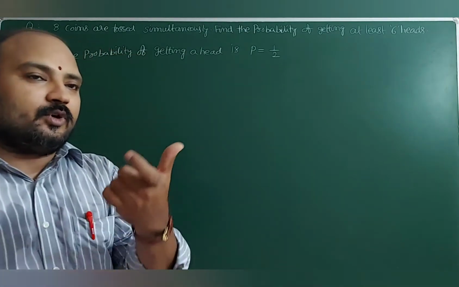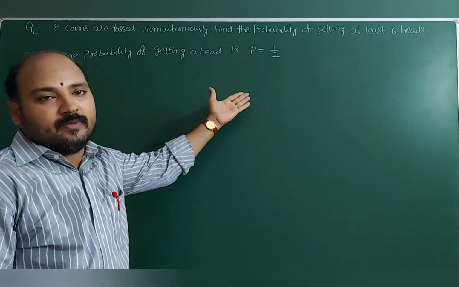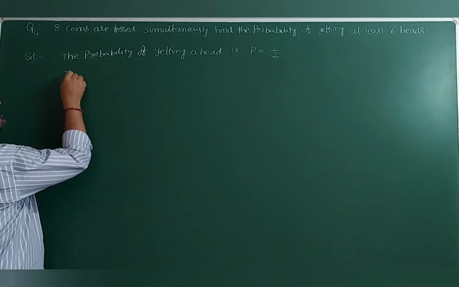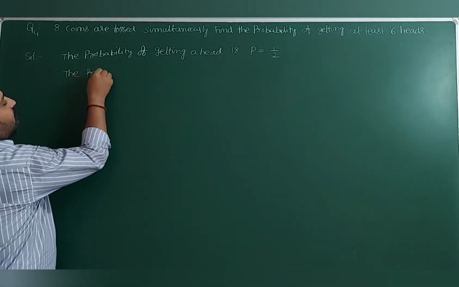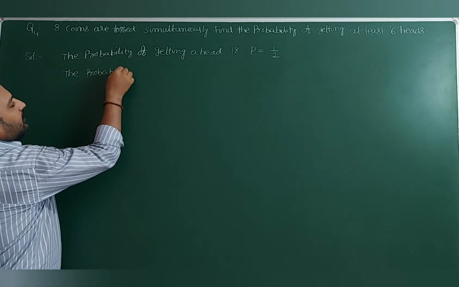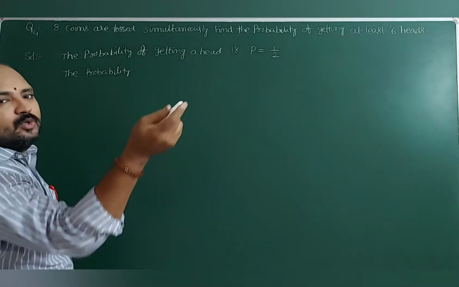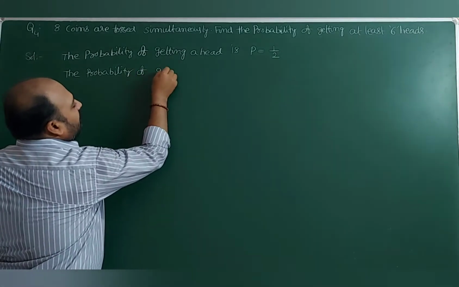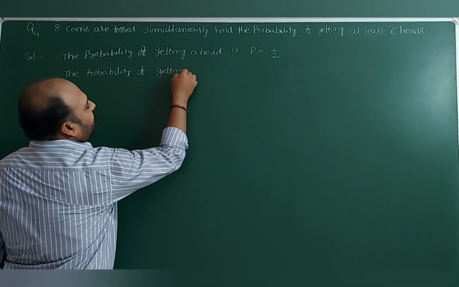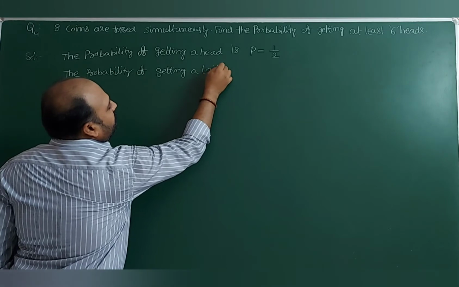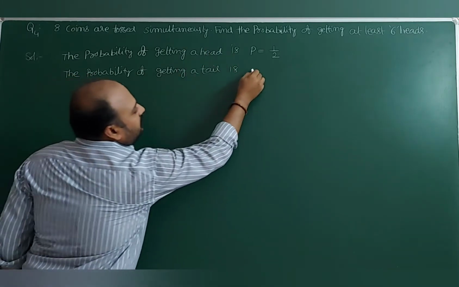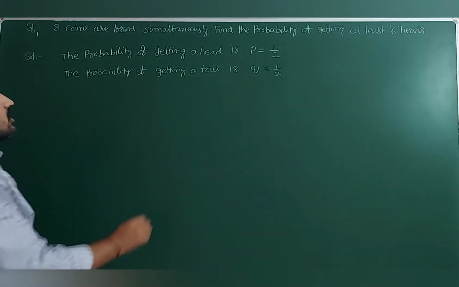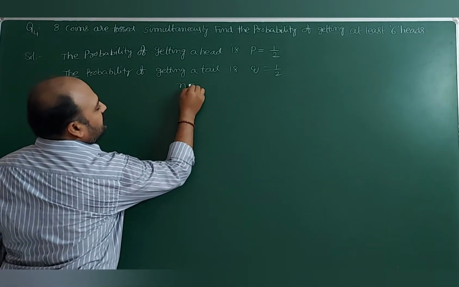Out of two possibilities, getting a head is 1 by 2. Generally we calculate by finding the value of P plus Q is equal to 1. Among the two, the probability of getting a tail, Q, is also 1 by 2. So 8 coins are tossed simultaneously. Here n is equal to 8.